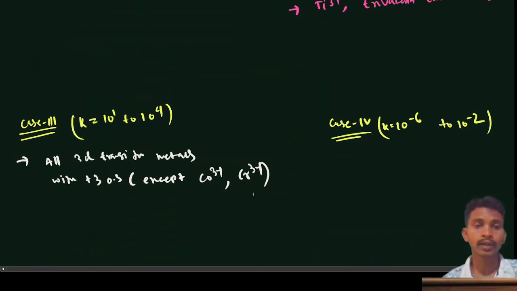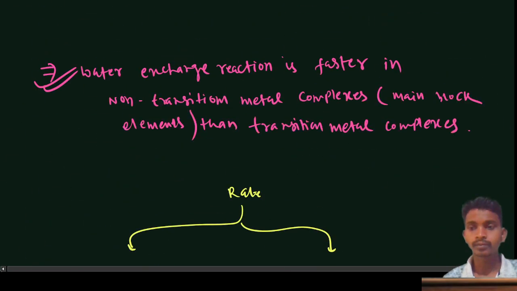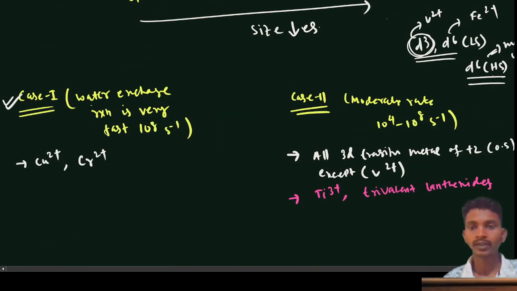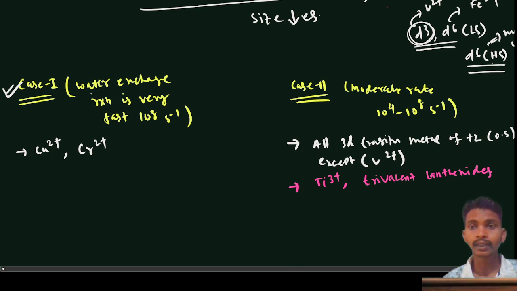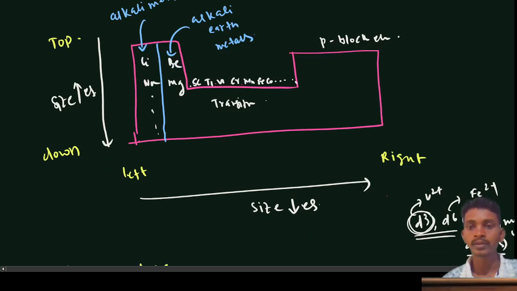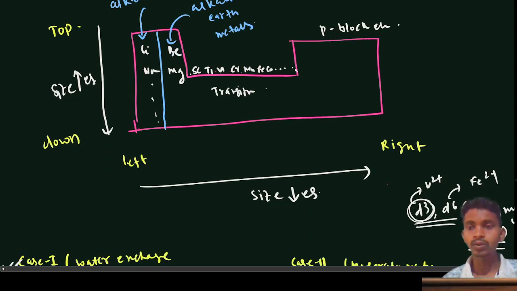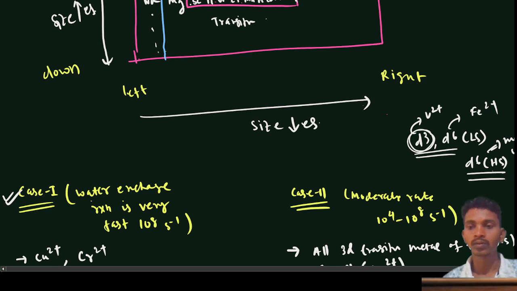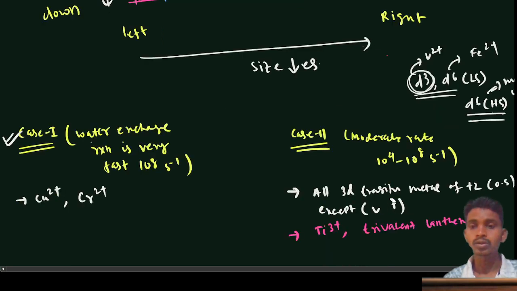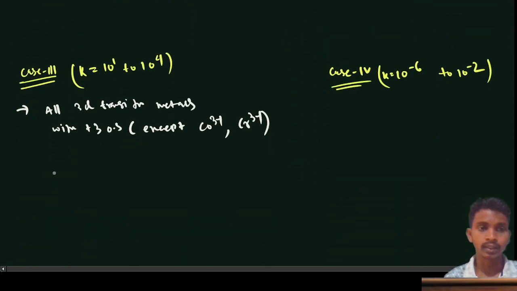So both cases we need low. Here, vanadium 2+, although this is d3, the charge is +2, so the charge is low, so this will fall in type 3 case.